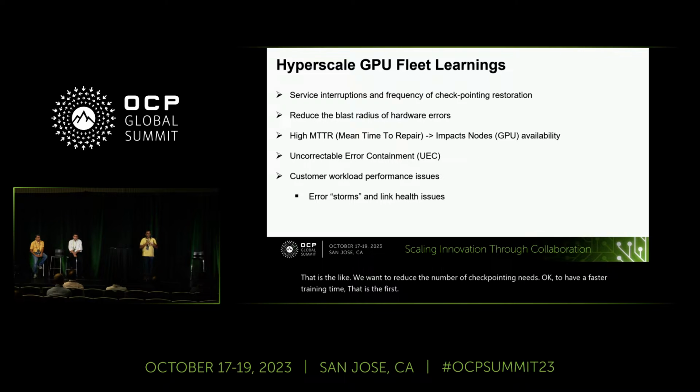The second thing is the blast radius. Consider the impact of a GPU HBM error. If it is a fatal or uncorrectable error, it can bring down the service on the node, whatever GPUs it has, like 8 GPUs. But if there is an error at, let's say, the interconnects between the nodes, it impacts the domain partition.